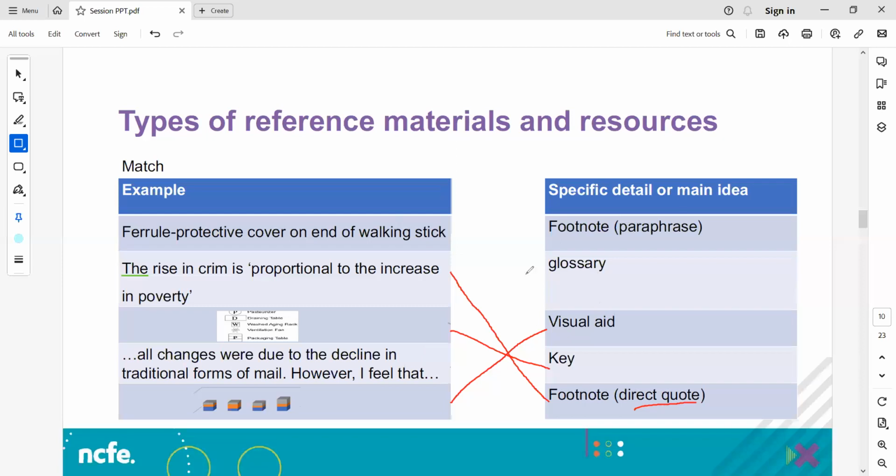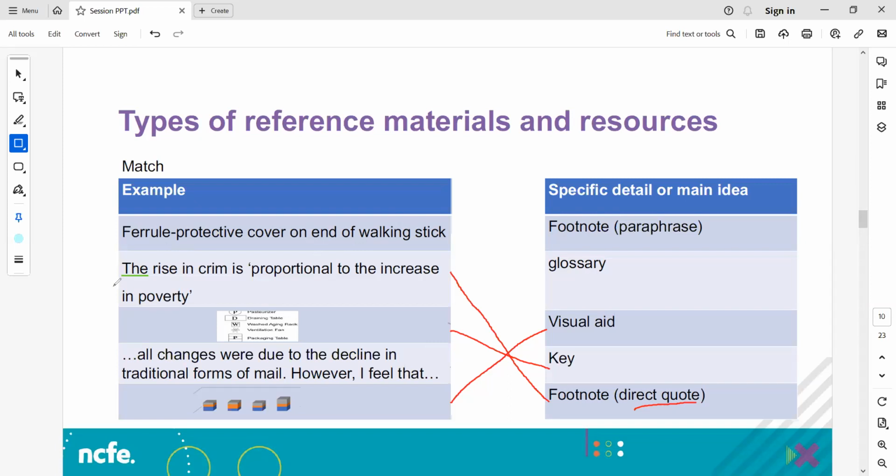Okay. So we've got this glossary, which we know is like a mini dictionary in a text to explain technical words or phrases. So we've got glossary, or we've got footnote, paraphrase.